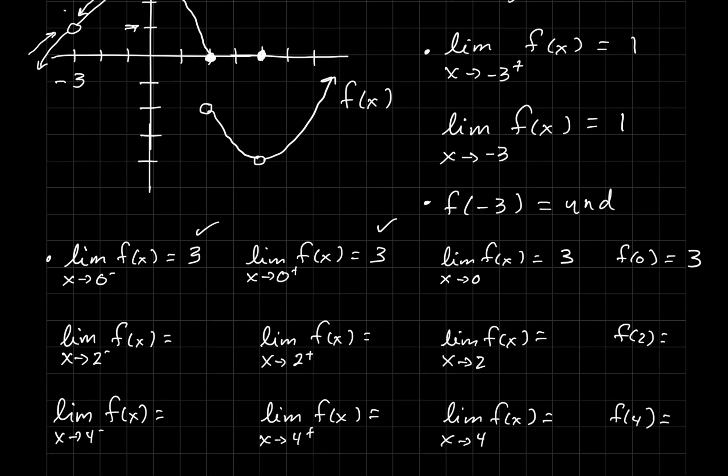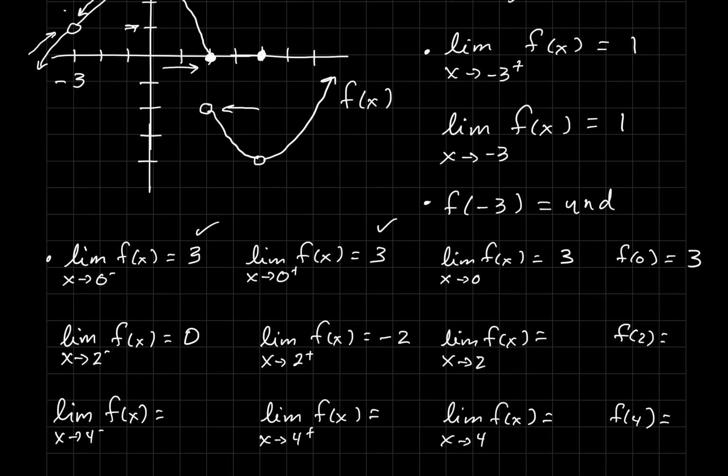How about as x goes to 2 from the negative side? Well, as x is getting close to 2 from the less than or negative side, y is getting really close to 0. As x is getting close to 2 from the greater than side, y is getting really close to negative 2.